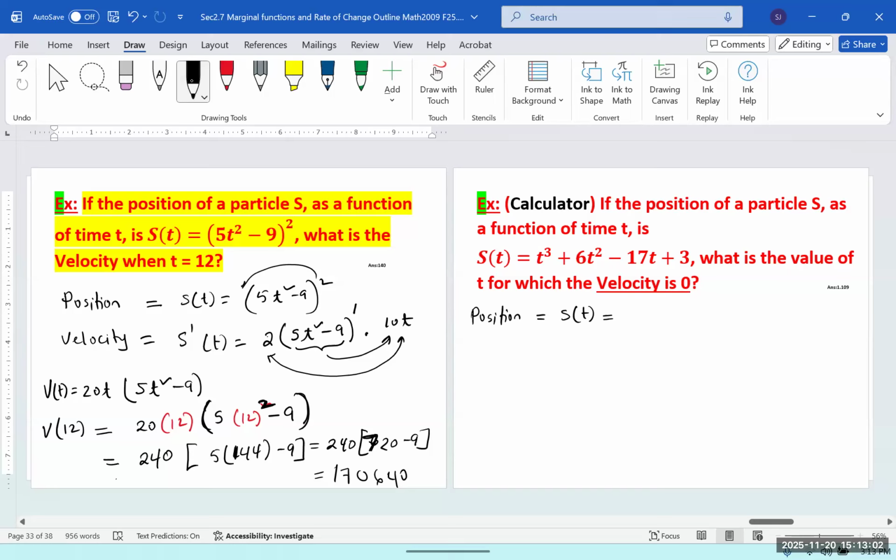Alright. The position is t cubed plus 6t squared minus 17t plus 3. The velocity is the position's derivative. So what's the derivative here?